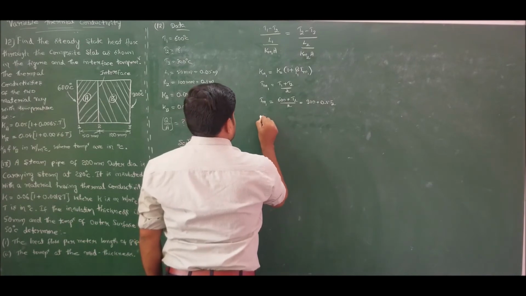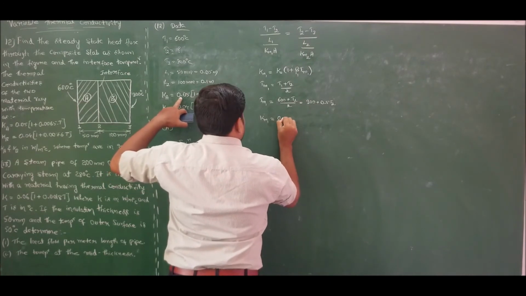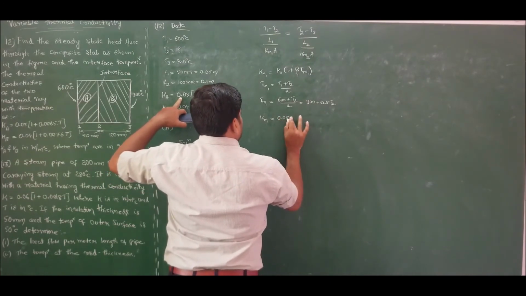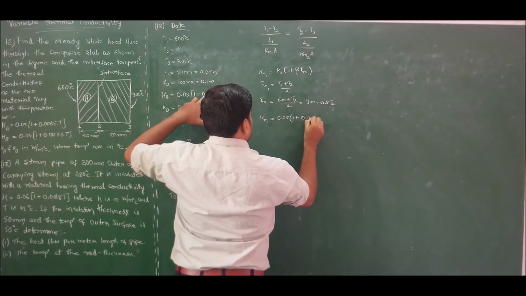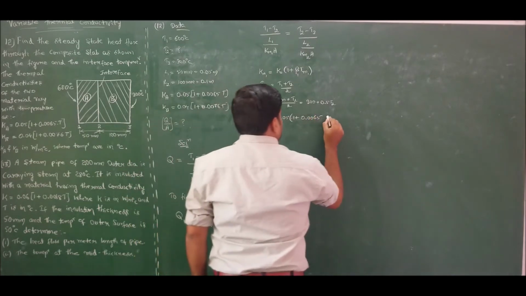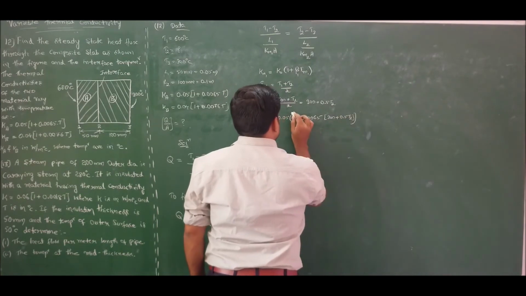So hence K mean 1 is turning out to be K0, which is Ka, 0.05, of (1 plus beta, 0.0065, times T mean). T mean is 300 plus 0.5 T2.